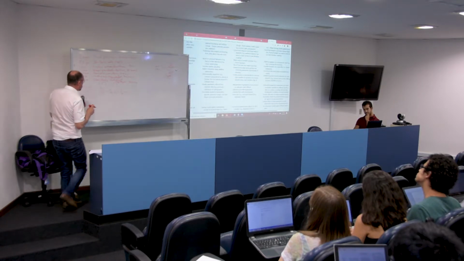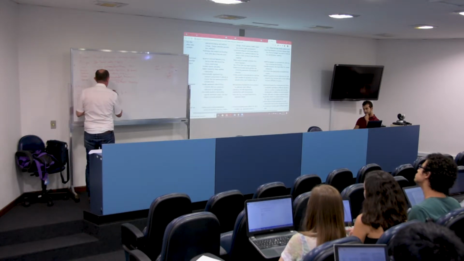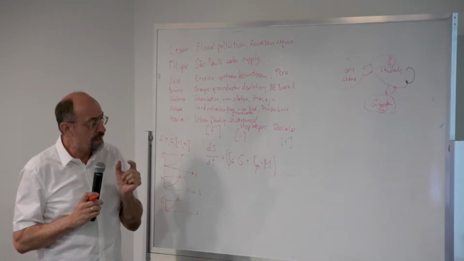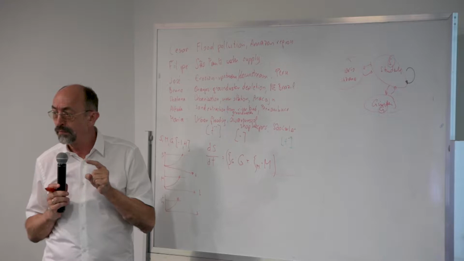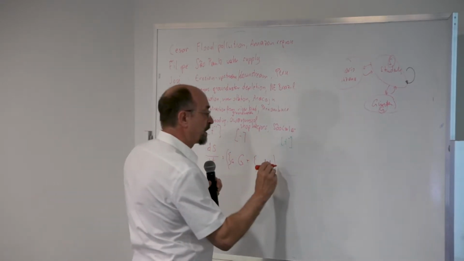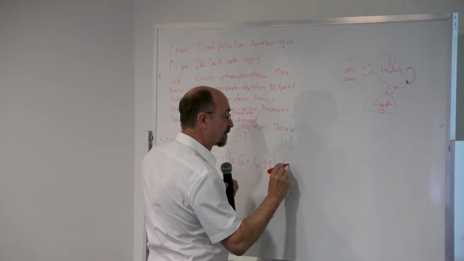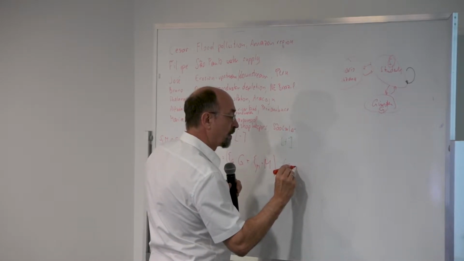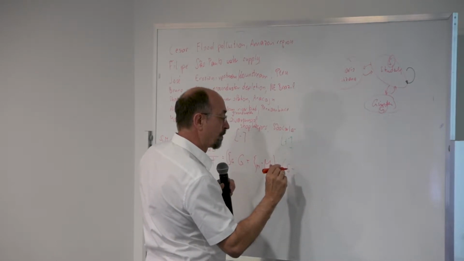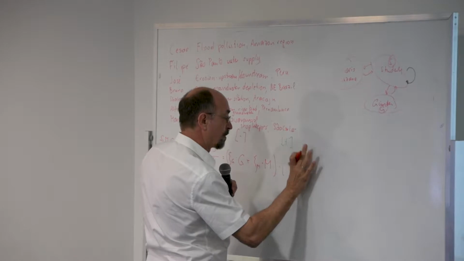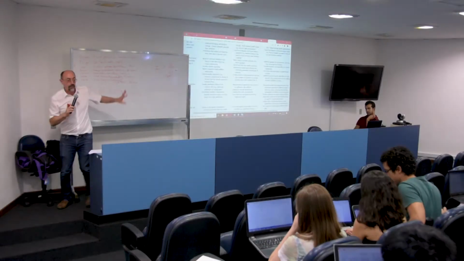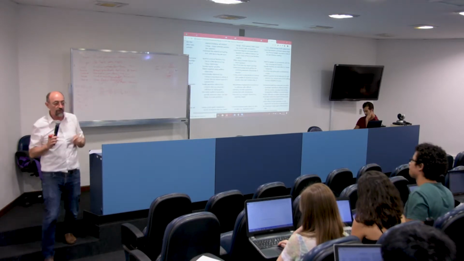Another possibility is to introduce something, S in a way, that if S is close to 1, this term goes to 0. So we could, for example, say times one minus S. It is not perfect, it's just for the argument's sake.